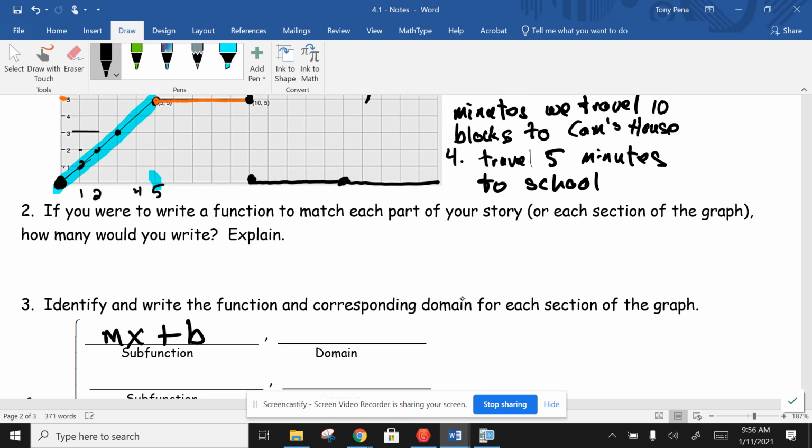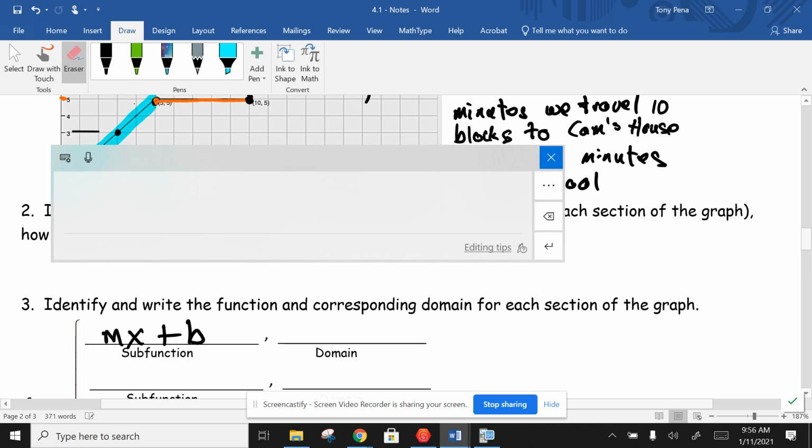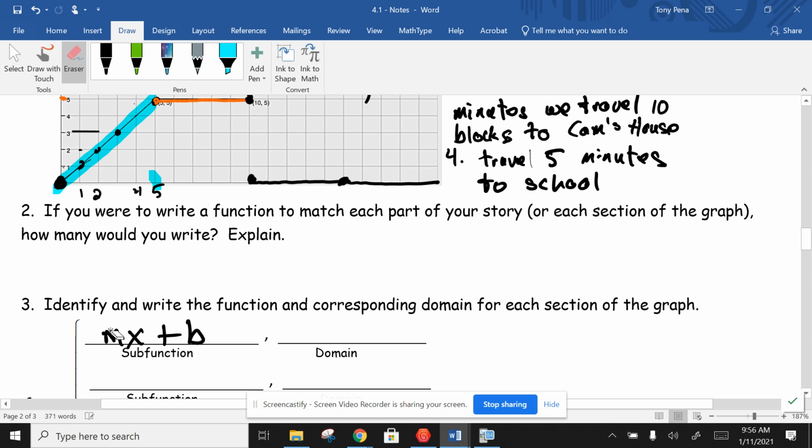Basically for every 1 minute I travel, I'm traveling 1 city block. So my slope for that first line is 1. Slot the 1 in for your m. And then if we ask what's your y-intercept, isn't it going right through 0? So you don't necessarily have to put the 1x plus a 0. You can just do 1x. That's the equation of the first line.